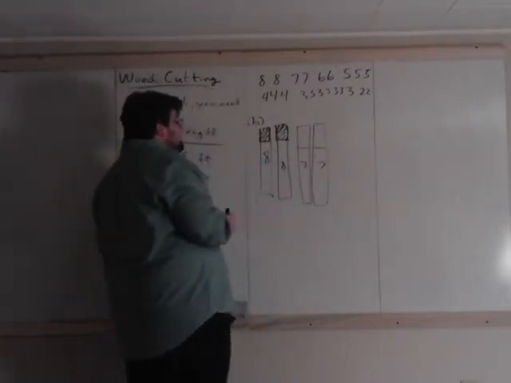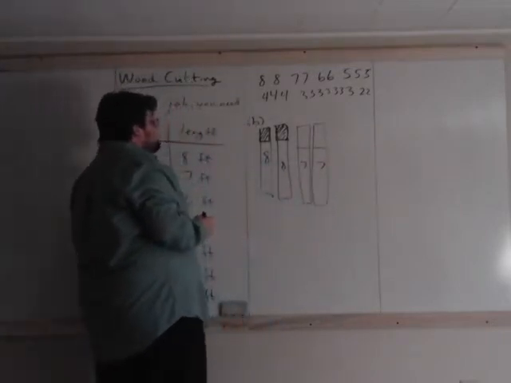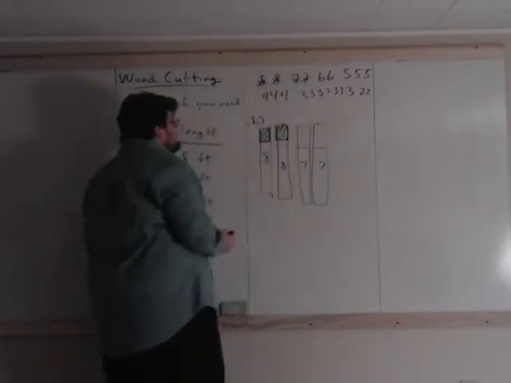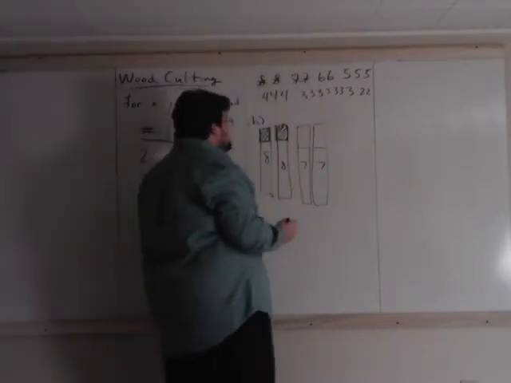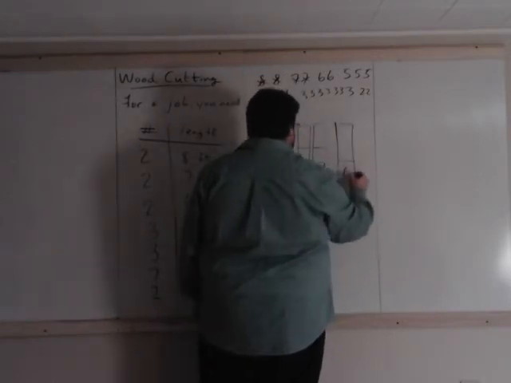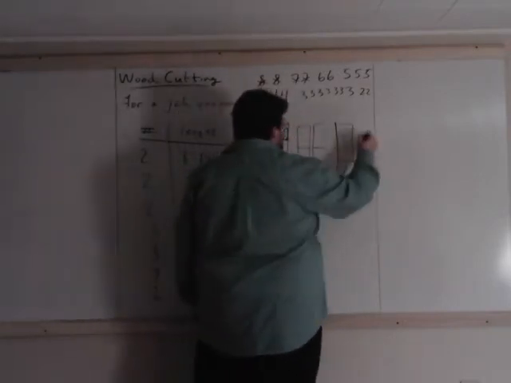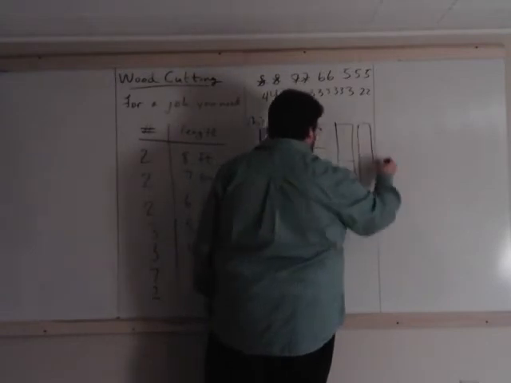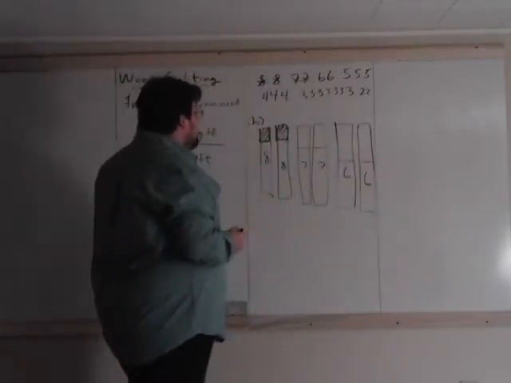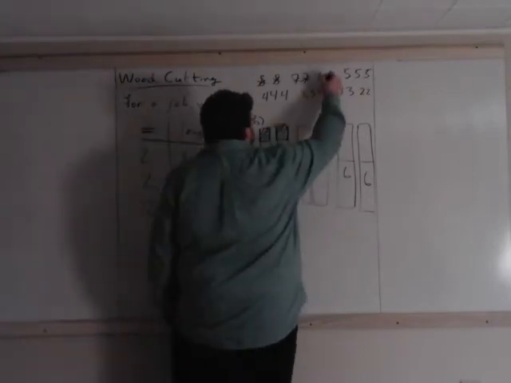Well, with the 7-foot, you have 2 feet left, and we could eventually use that. But let's follow the algorithm and go with the 6s next. The 6s can't fit on any of those first 4. They can fit there with 3 feet of excess.